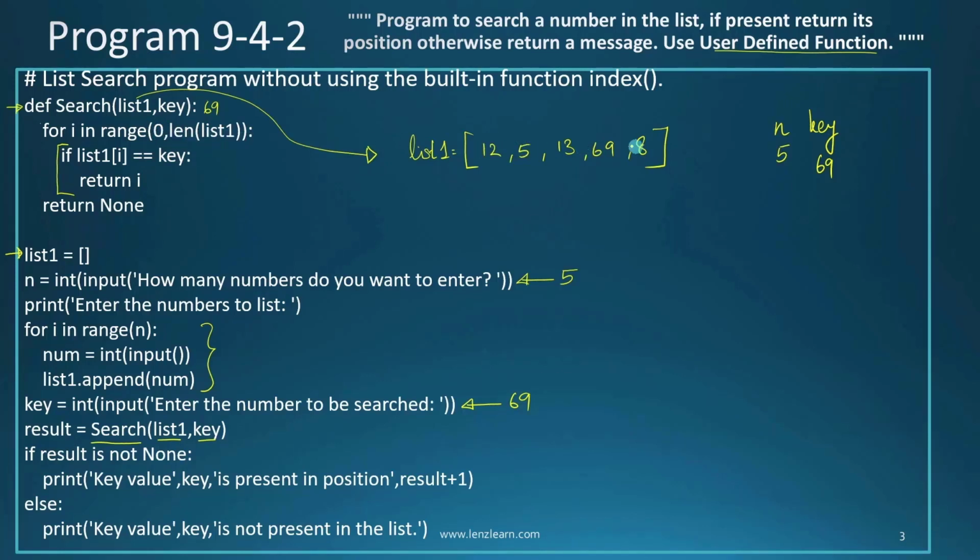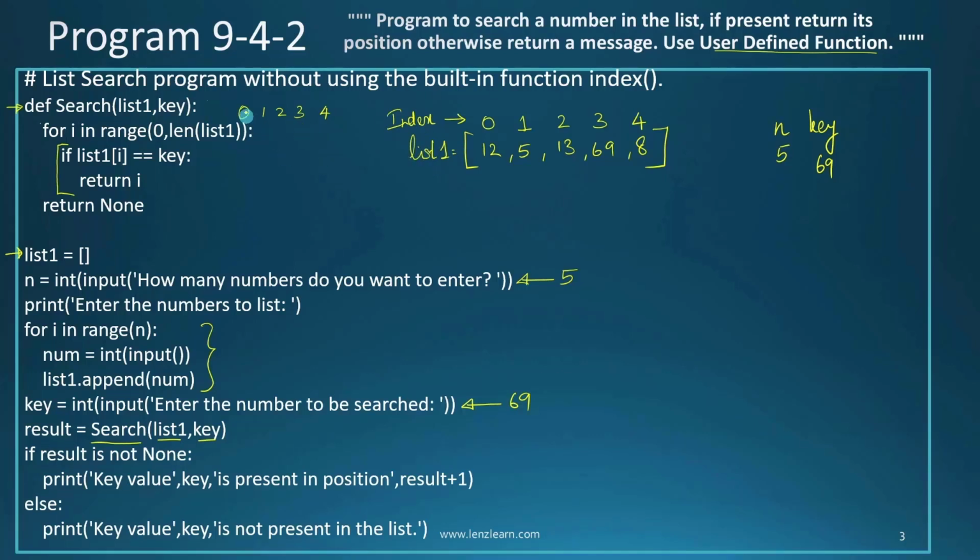Here you can see the length of the list is 5. So this range operator will go from 0 to 5. The actual values inside the range are going to be 0, 1, 2, 3 and 4, because those are the actual index values of the list. So 12 is available at index 0, 5 is available at index 1, and so on up to index 4. These are the index values available with list1.